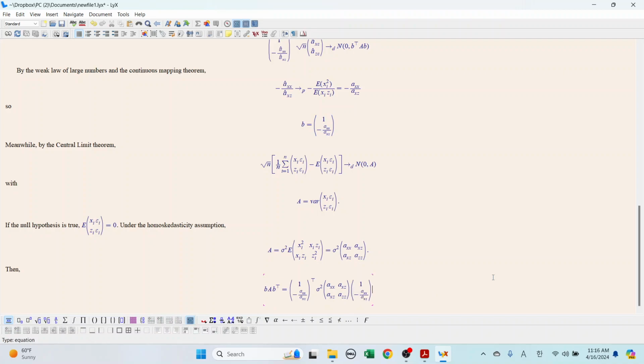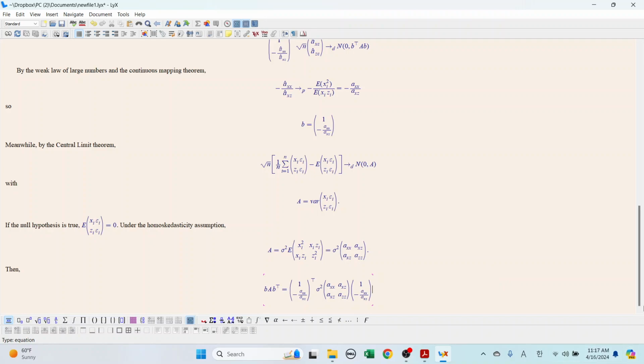So let me pick what I got. Where is it? Even though I see the answer, it's not easy to see what is what. Oh, very complicated.